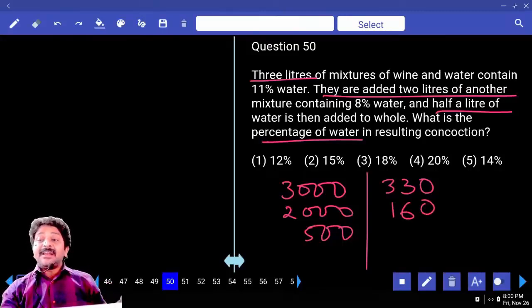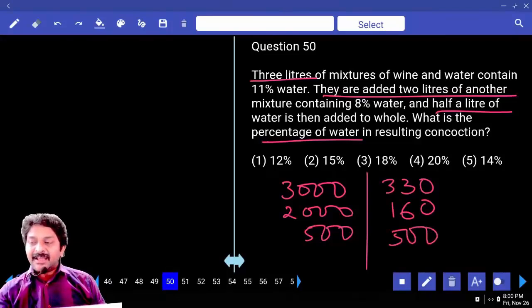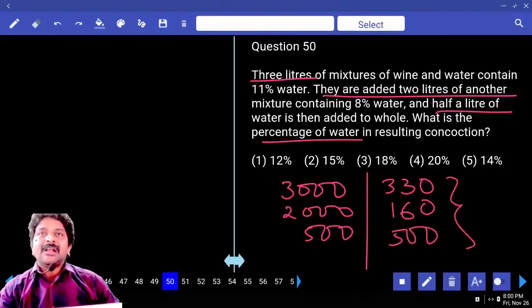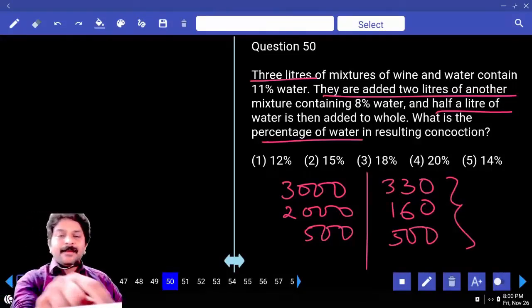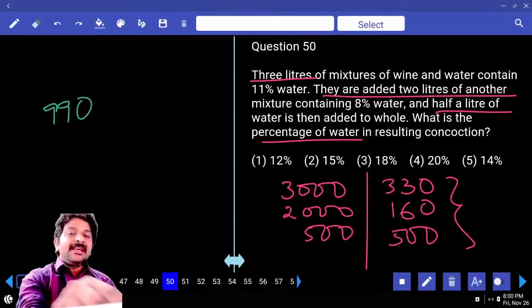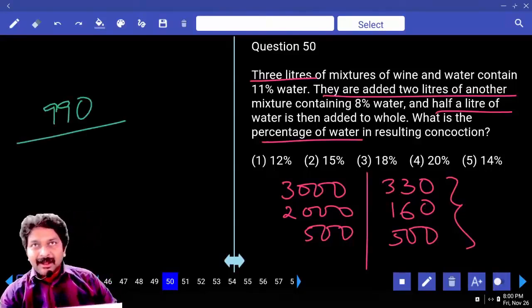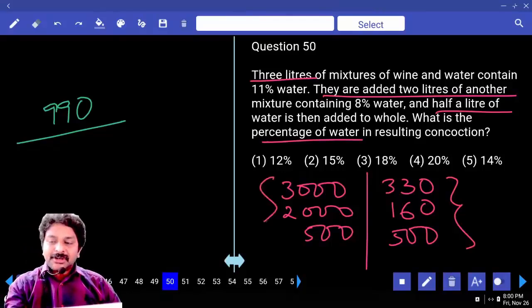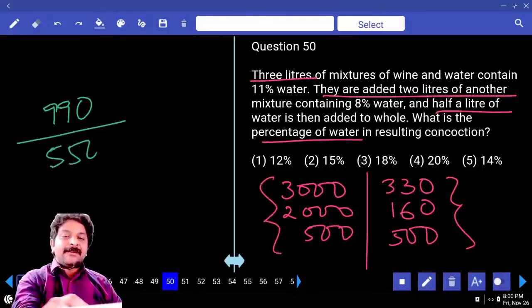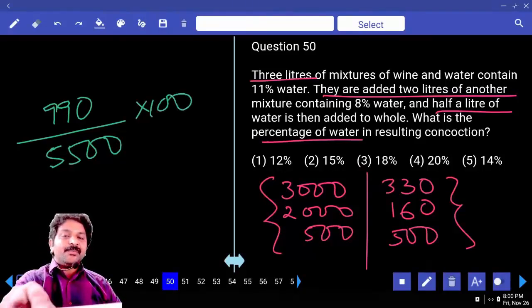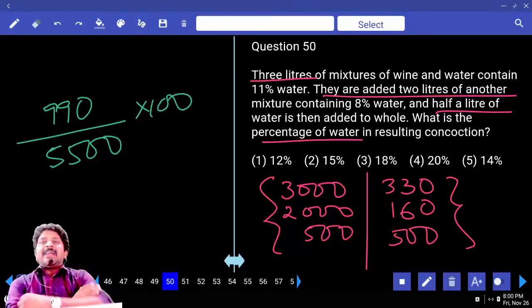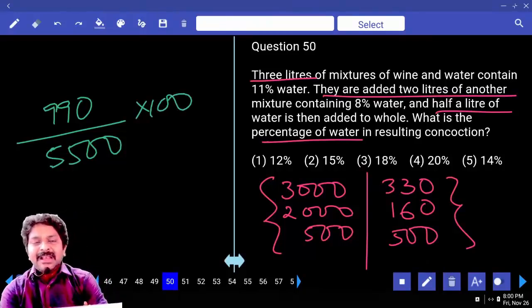And then 500 ml, half a liter of water we are adding. That is 500. So the total water component is equal to 990. Water component is 990 out of total 5500. Percentage, into 100.